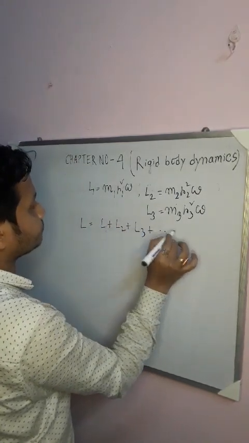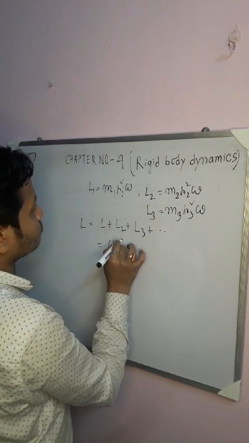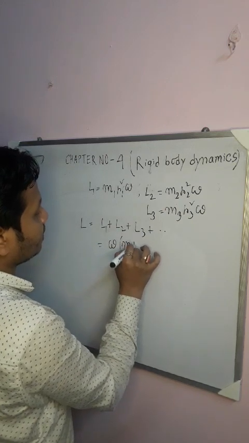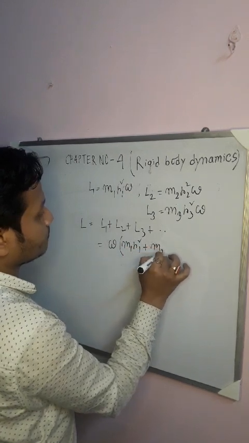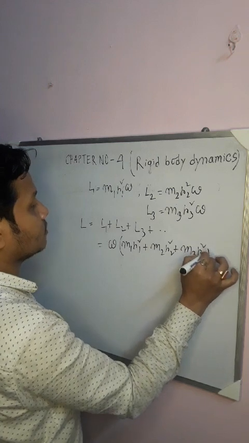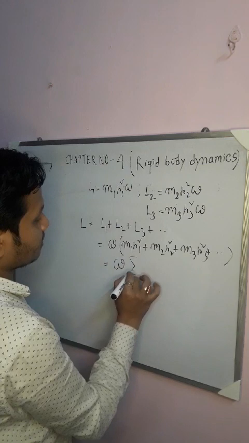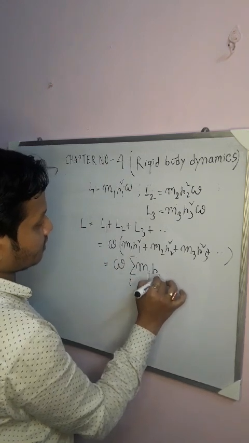So similarly, if you take common omega, it will become m1 r1 square plus m2 r2 square plus m3 r3 square plus dot dot dot, or this is simply the sum over i of mi ri square.